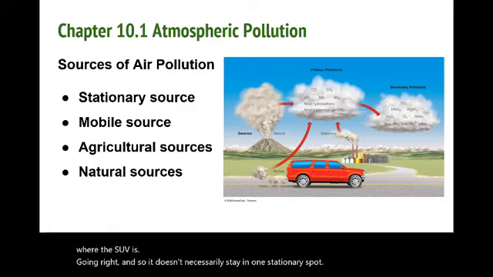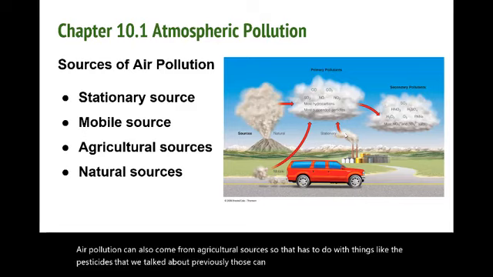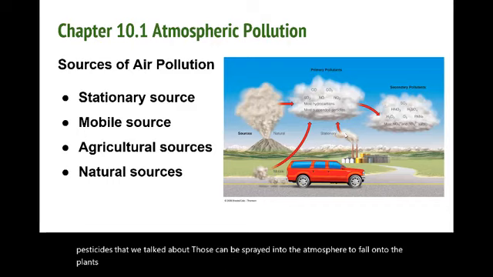Air pollution can also come from agricultural sources, so that has to do with things like the pesticides that we talked about previously. Those can be sprayed into the atmosphere to fall onto the plants and to reach the soil, but it also travels through the air.